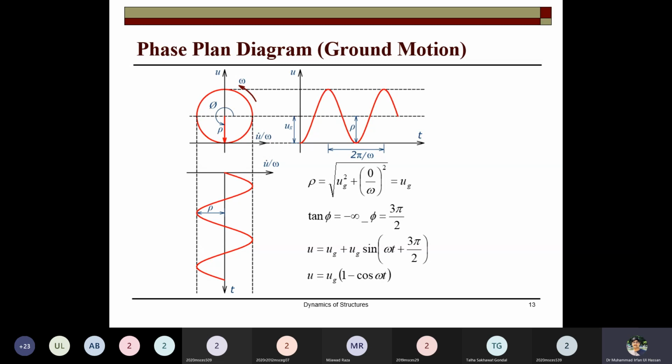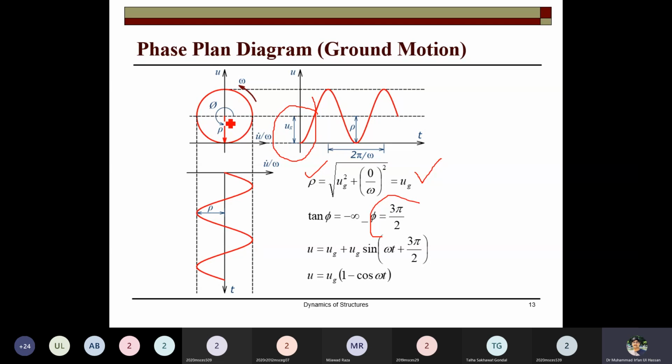In case of ground motion, when you have the ground acceleration, initially the ground displacement is there, and initial velocity is 0. Ground acceleration is there. So in that case, the total amplitude is equal to the ground acceleration, and our phase angle becomes equal to 3 pi by 2.